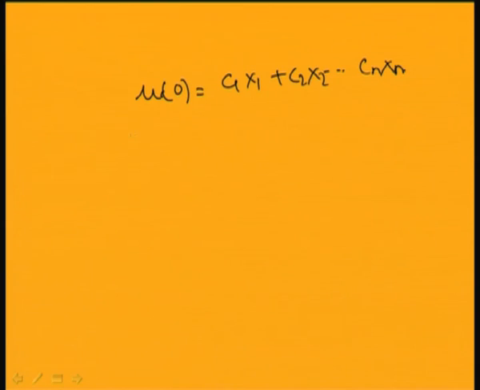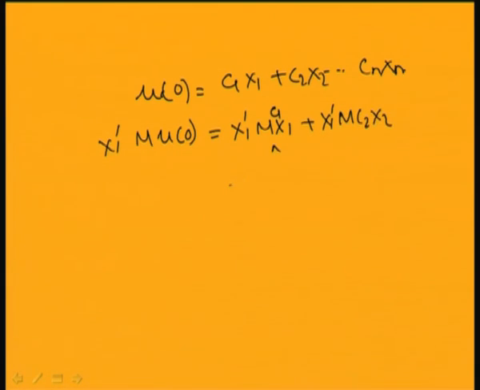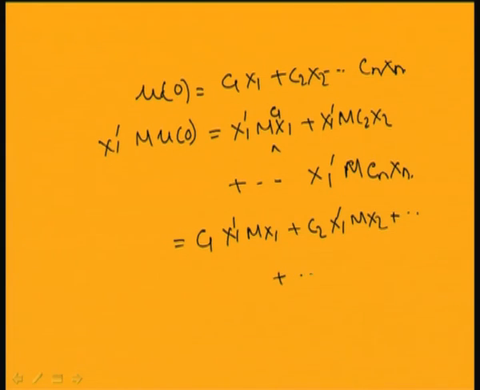Now, by pre-multiplying this by x1 transpose m, I can write x1 transpose m u0 equal to C1 x1 transpose m x1 plus C2 x1 transpose m x2 plus Cn x1 transpose m xn.